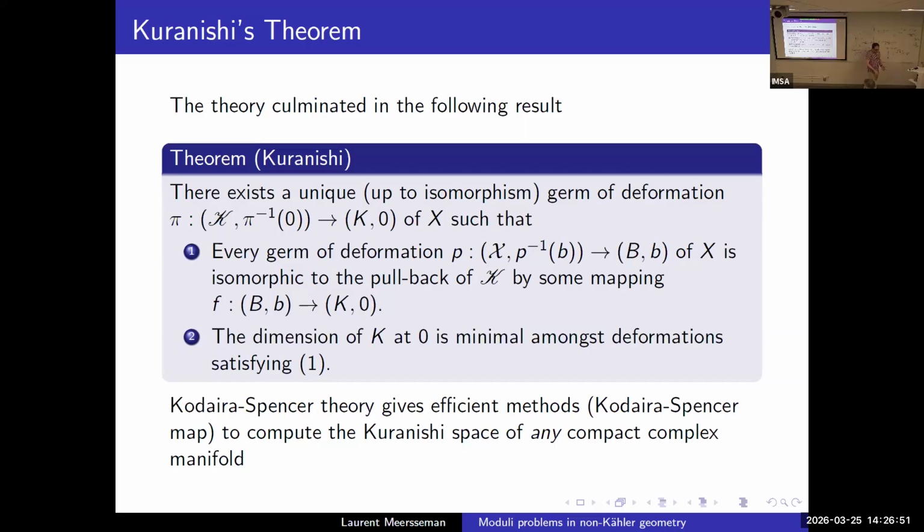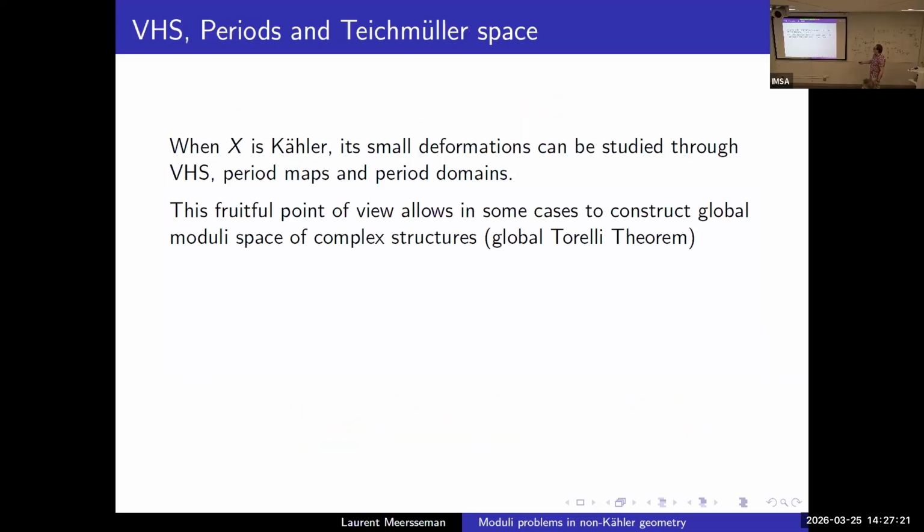That's not true. Kuranishi spaces can have arbitrary singularities. They can be non-reduced at any point. But this already occurs for projective manifolds. So this is perhaps the only theory in compact geometry that works exactly the same way in the non-Kähler case and in the Kähler case. This is something important.